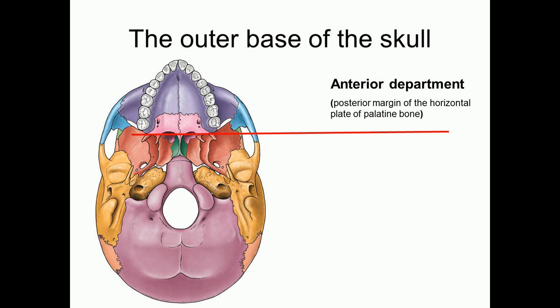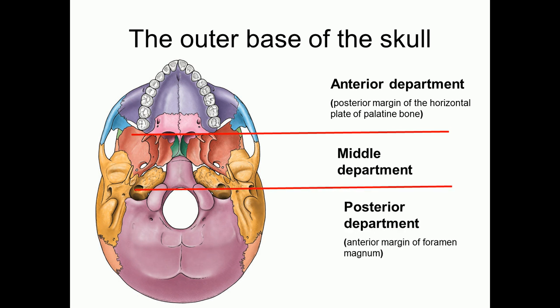There are 3 departments: anterior department, which has as a border the posterior margin of the horizontal plate of palatine bone, middle department and posterior department.